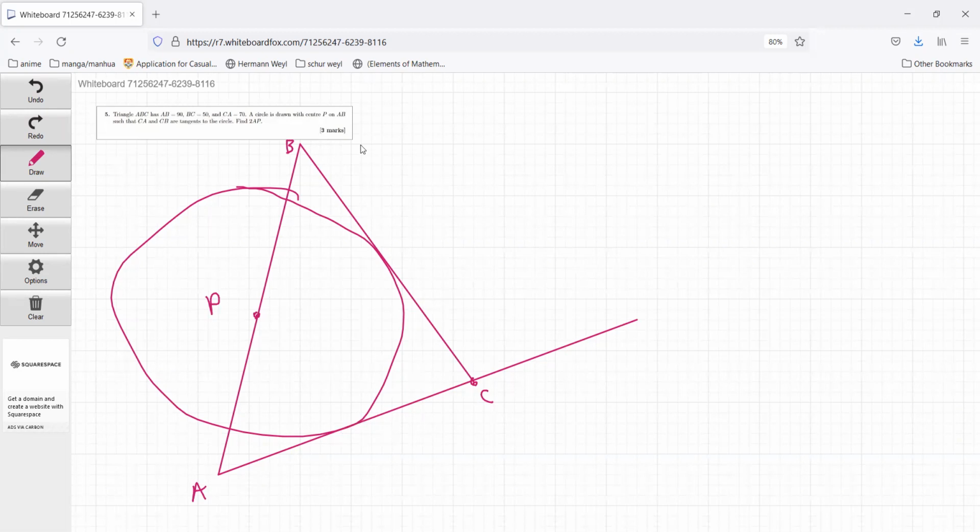And we're given the length CA is 70, BC is 50, AB is 90. So we're asked to find 2 times AP. And the reason we're asked to find 2 times AP is because AP is obviously going to be a multiple of a half, like something and a half.